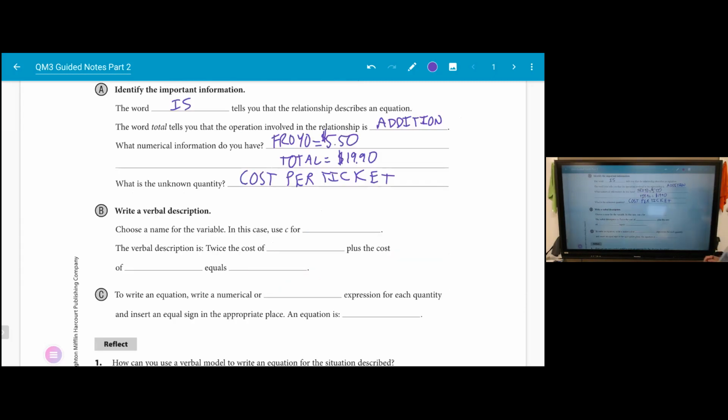So we can have this verbal description here. We're going to use a variable. In this case, we are going to get a little more creative. It's okay here, that's all right. So we're going to choose a name for the variable. In this case, we're going to use C for the cost of the ticket. The verbal description is twice the cost, or 2 times the cost of the ticket, or tickets in this case.